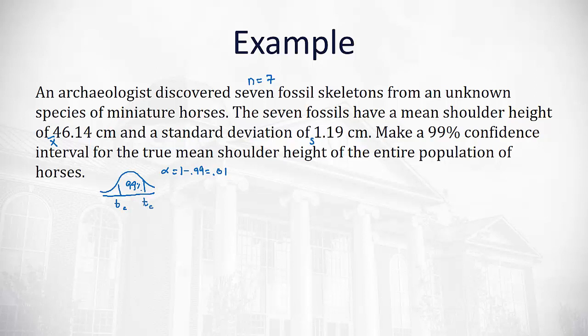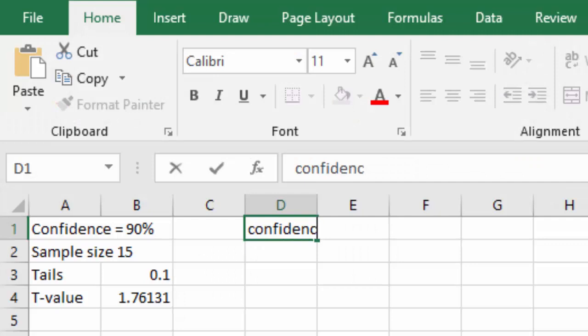So to find those t critical values, we can go to Excel. Now we want a confidence level equal to 99%, and the sample size we said was 7.